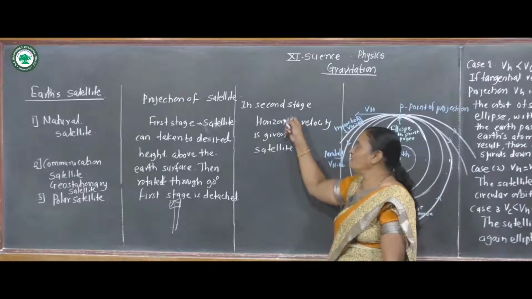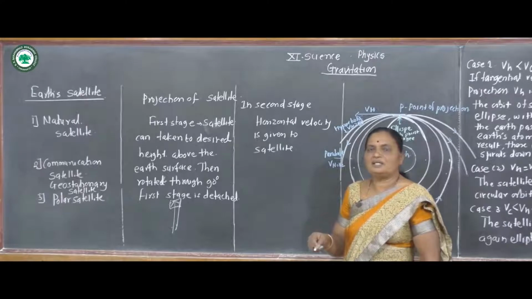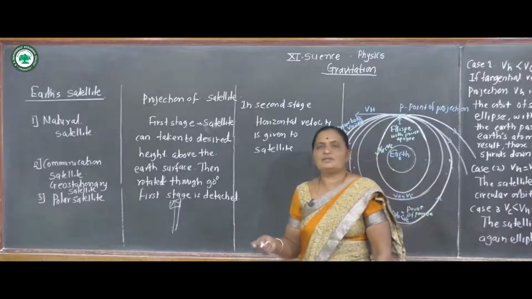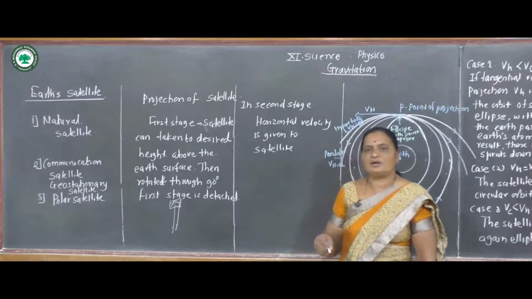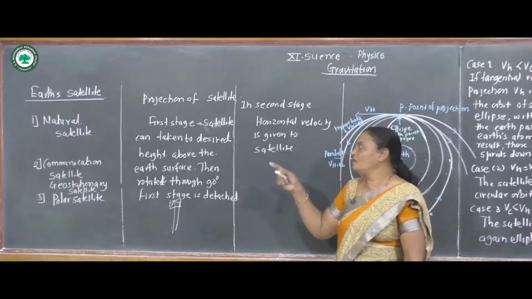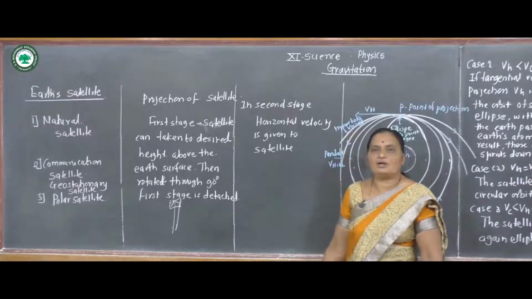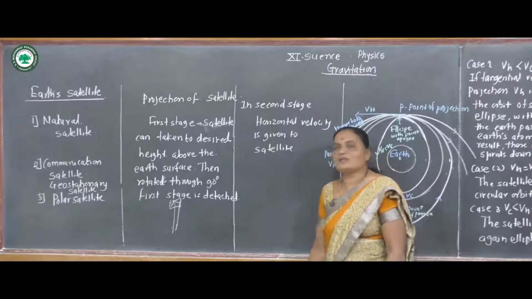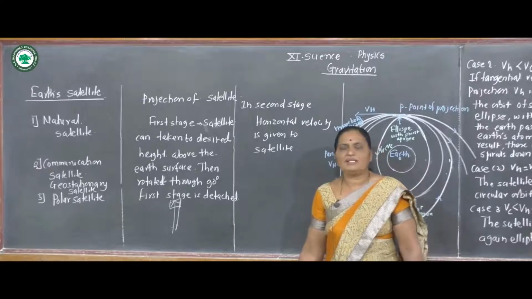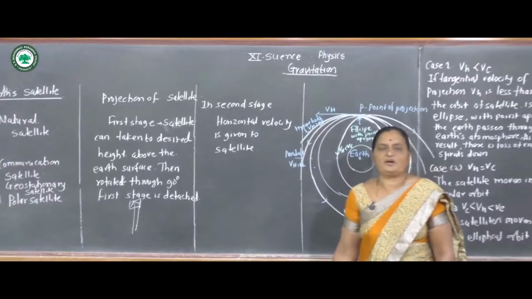At the second stage, a horizontal velocity of projection is given to the satellite so that the satellite revolves in a circular orbit round the Earth in the same sense. It is called critical velocity or orbital velocity. Now we see the different cases for the launching, or the projection, of satellite.